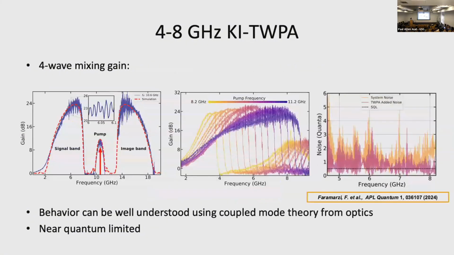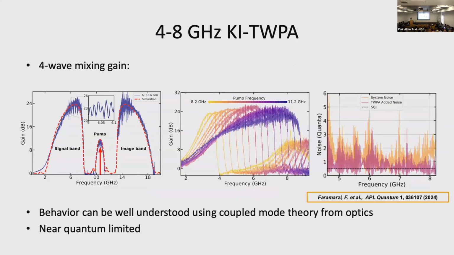So by applying a strong pump tone, it produces gain via four-wave mixing. And the gain curve is shown here on the left. It's divided into three sections. I've labeled two of them arbitrarily, signal and idler band.